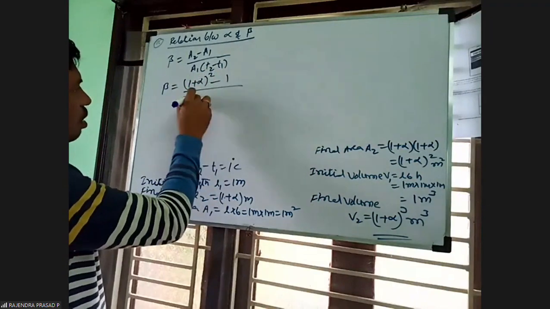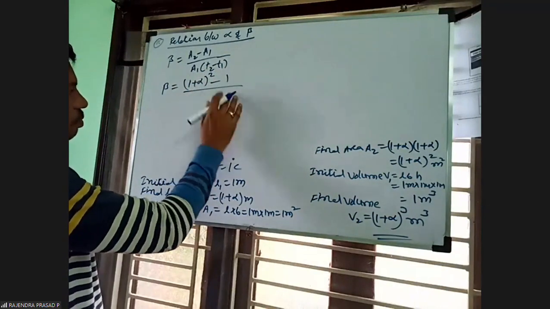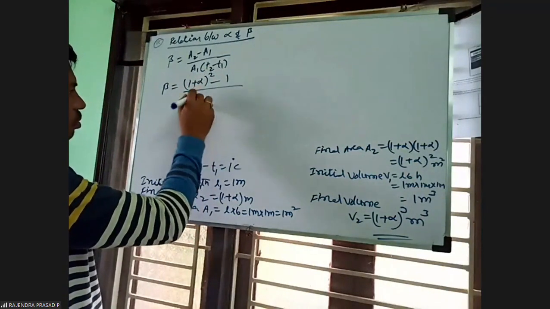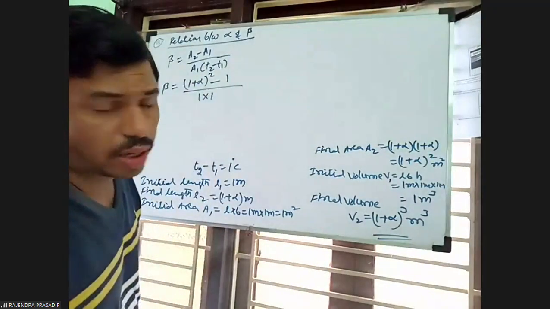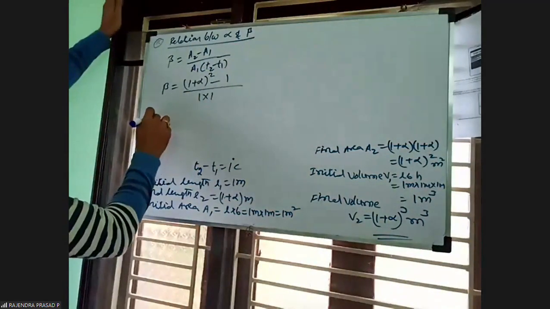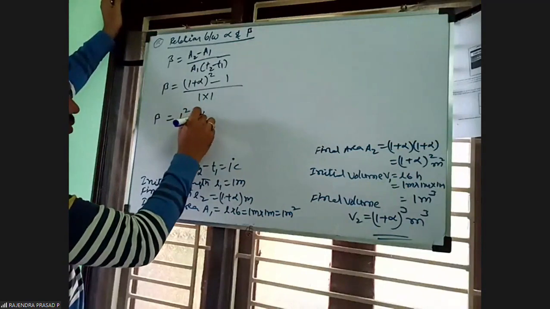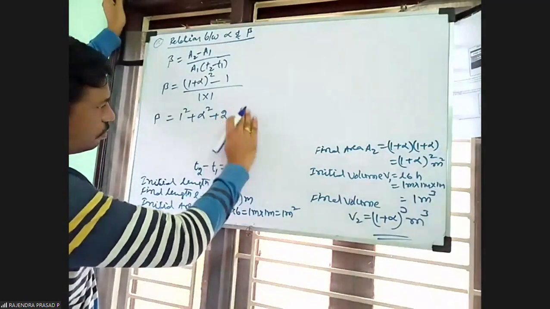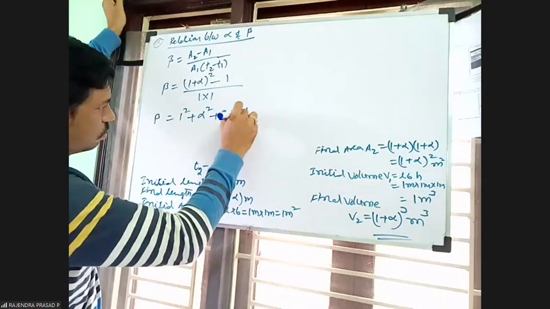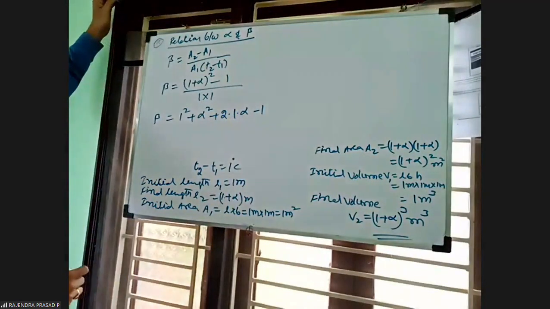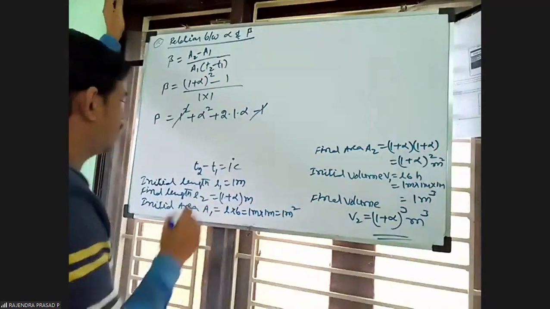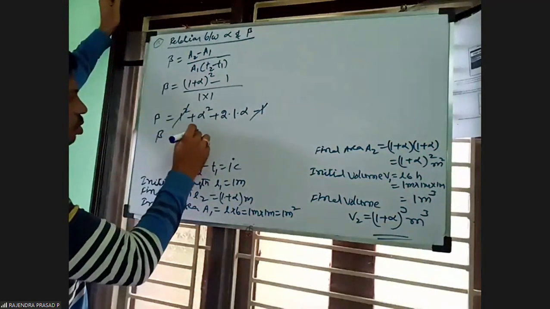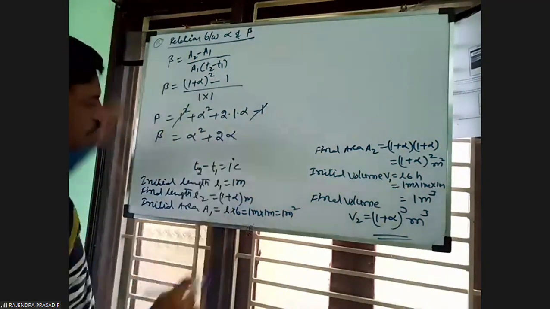A1 means 1 into 1. Temperature difference 1. (A plus B) whole square is A square plus B square plus 2AB, minus 1. So 1 and 1 cancel. So beta equal to alpha square plus 2 alpha.